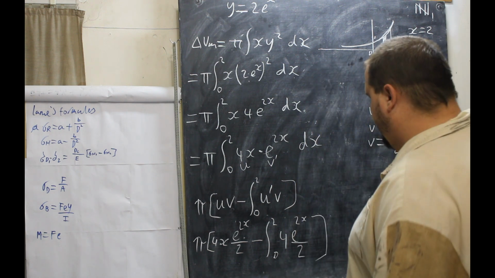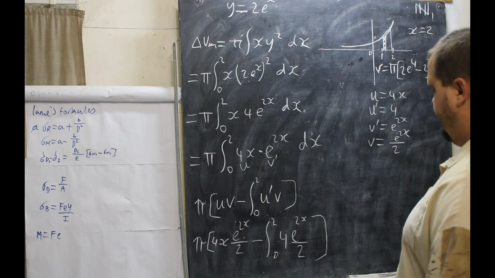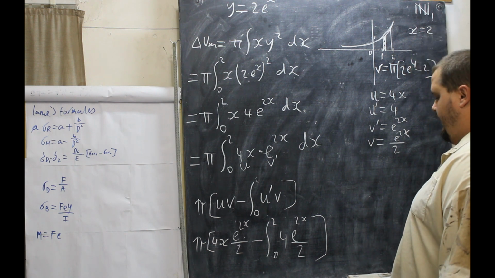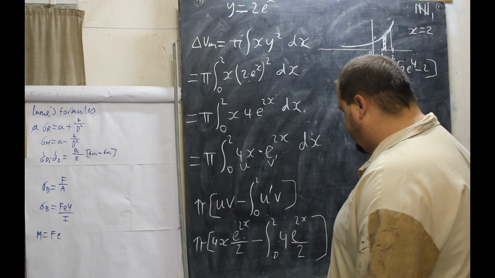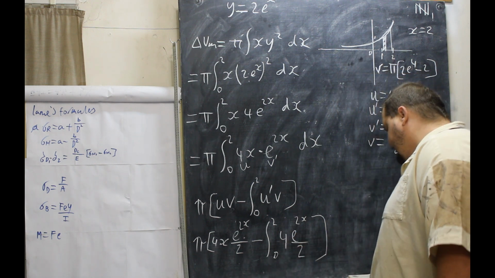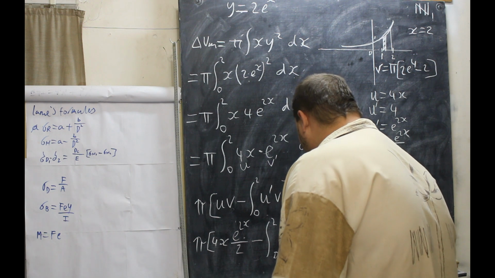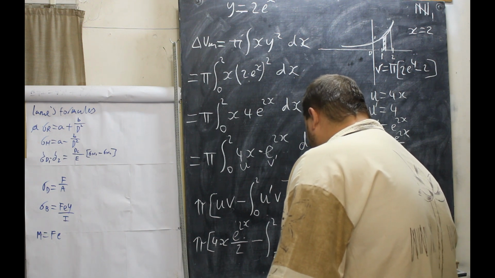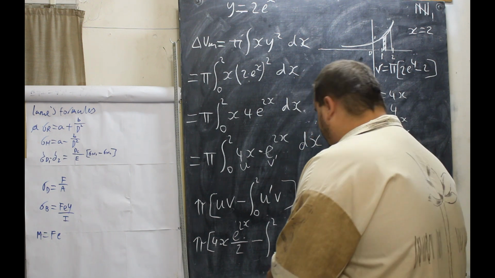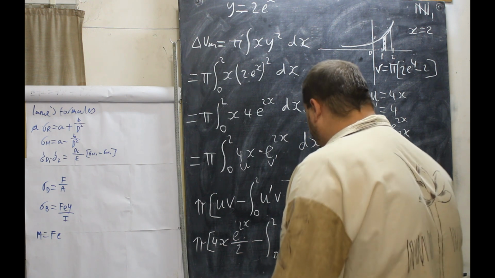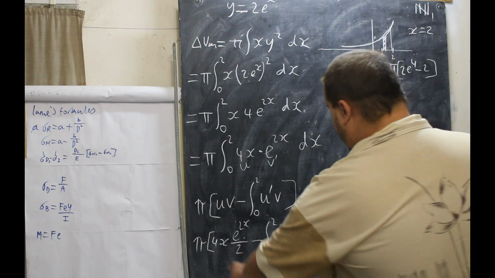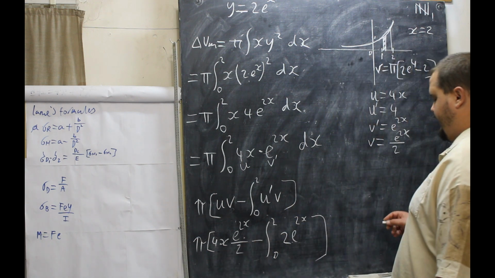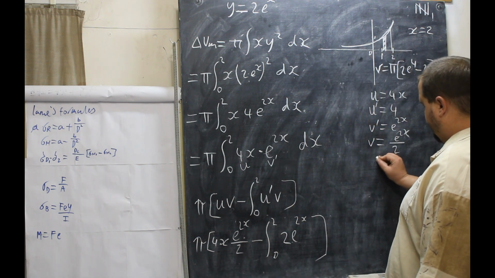So, now we can integrate. Now we go 4 divided by 2 is 2, so that will go away, and this will be 2. So now we'll have this and we can integrate that. So let's do the integration quickly.